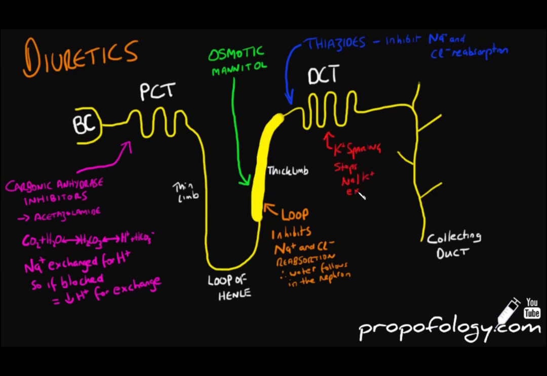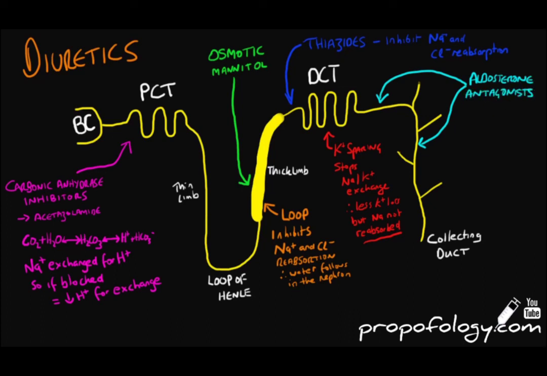Potassium-sparing diuretics act at the distal convoluted tubule, and these block sodium and potassium exchange, so less potassium is lost in the urine and more sodium remains in the tube. Once again, once sodium is left in the tube, more water is excreted. Aldosterone antagonists are our last class of diuretics. These act at the distal convoluted tubule and the collecting ducts.